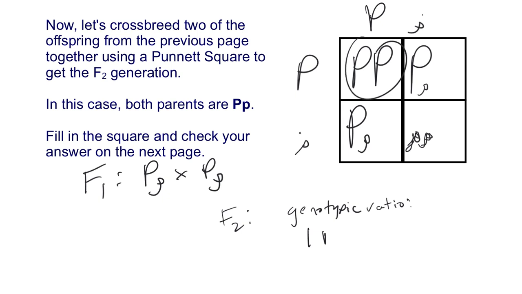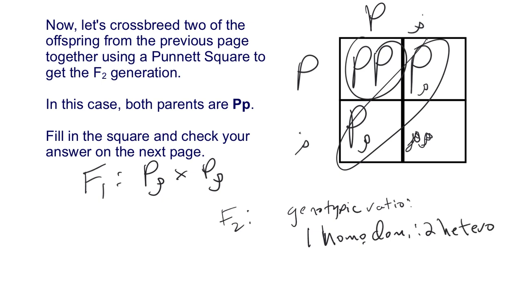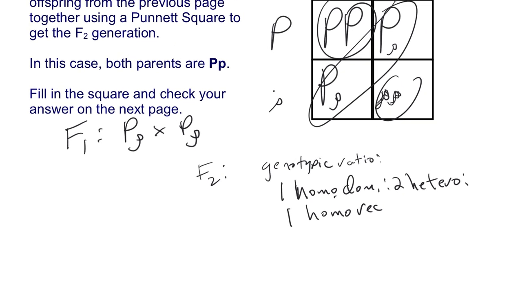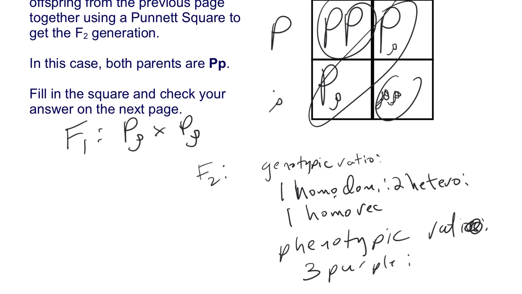In the F2 generation, the phenotypic ratios would be 3 purples to 1 white.